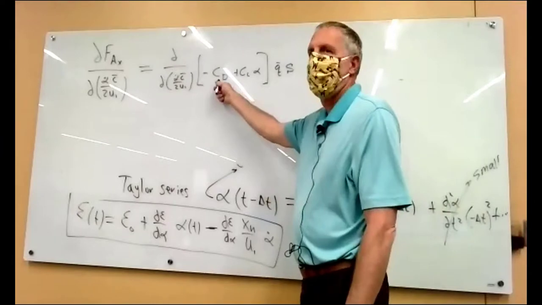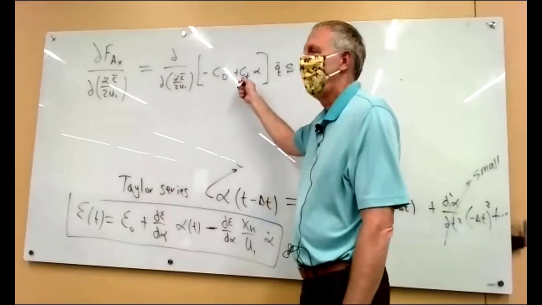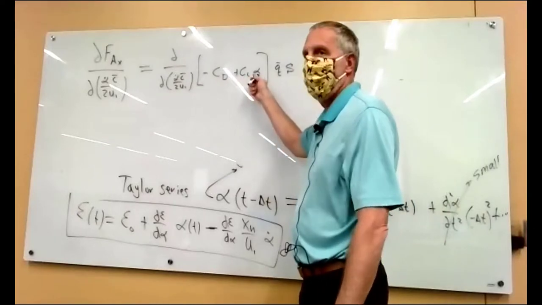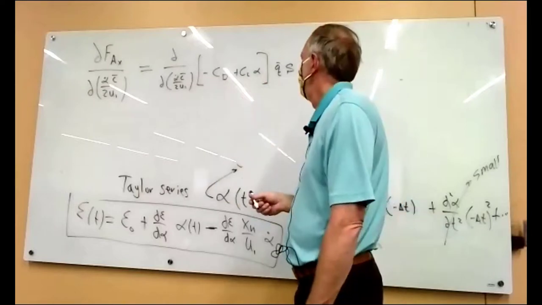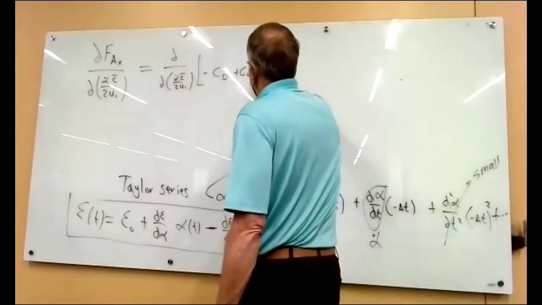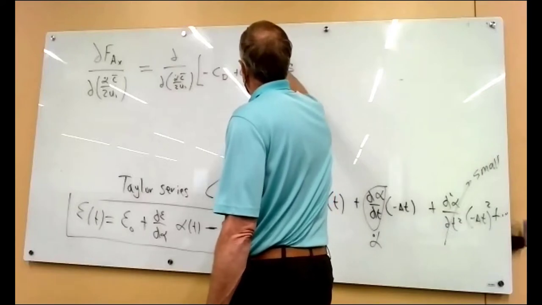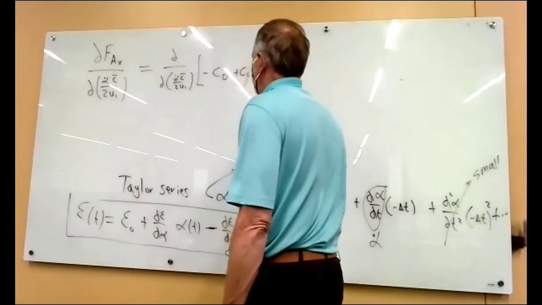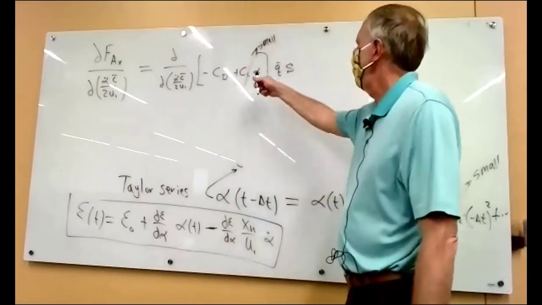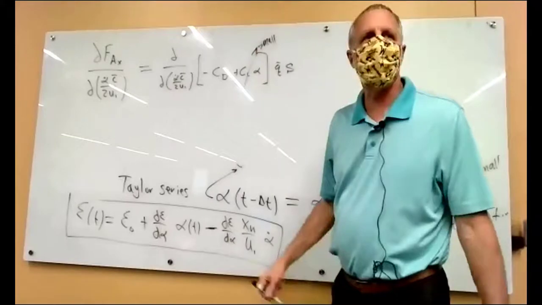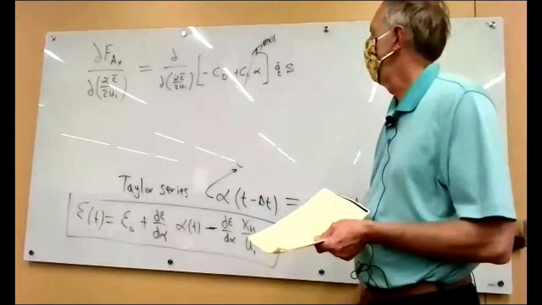CD does, CL does, alpha does not. This is alpha dot, not alpha. And so this alpha is a small term compared to CD, so we're going to say that this term we can say is small. Especially since when we're done, we're going to take this and multiply it times alpha dot, and that's the product of two small terms.